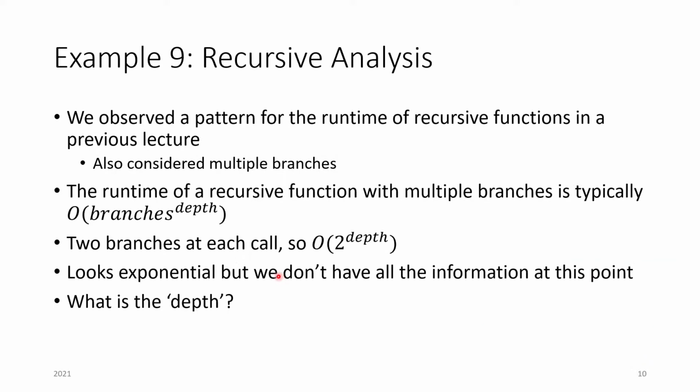Now, we saw this pattern for recursive functions, where we had our recursion tree and our Fibonacci series and so forth. Because we have two branches at each call, that's going to be O of 2 to some power. And we don't know what the depth of our tree is going to be, and that's what we need to figure out.